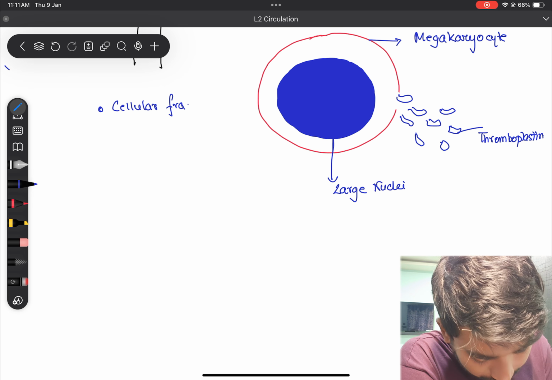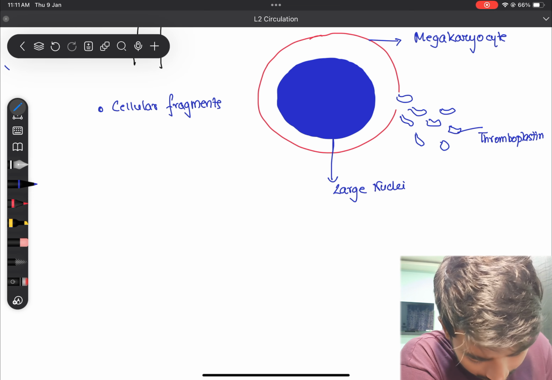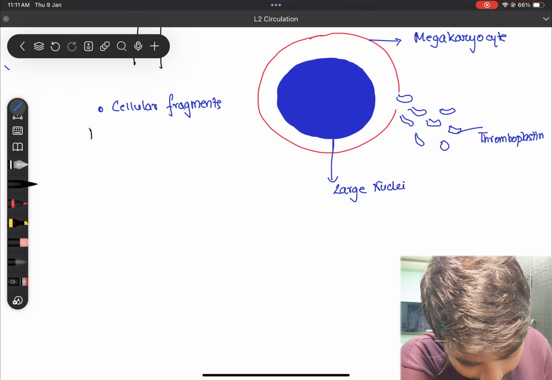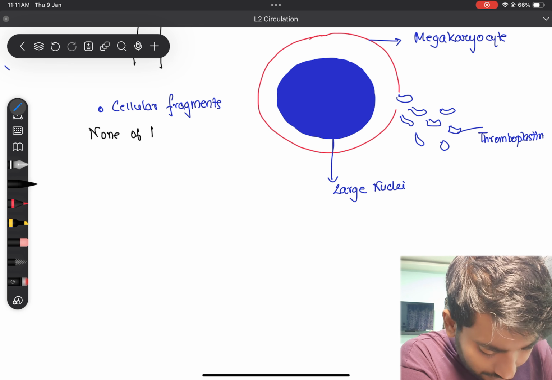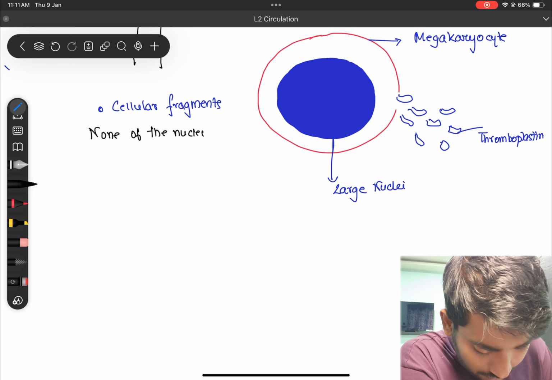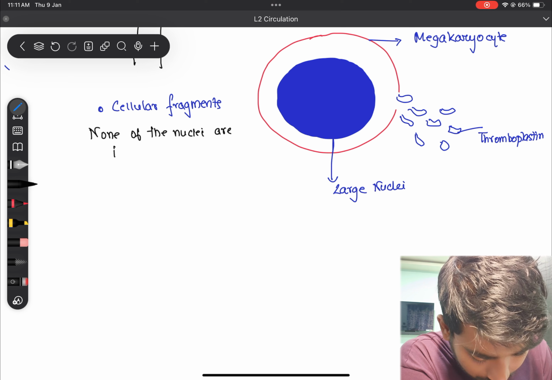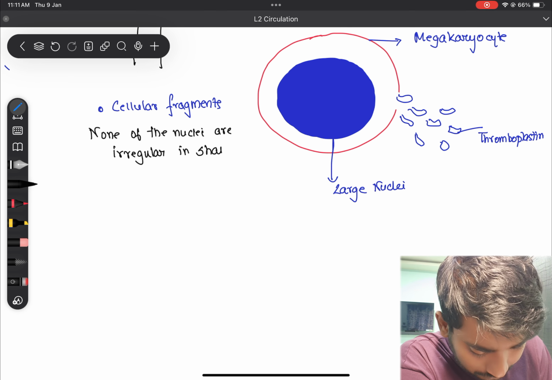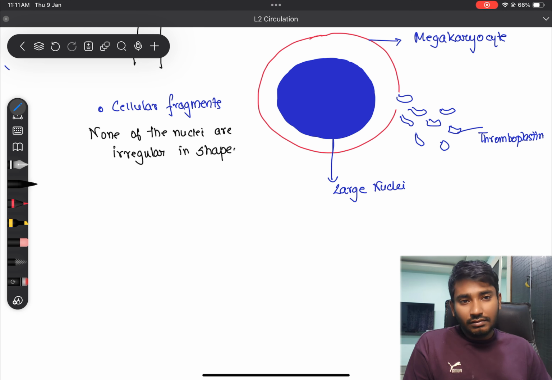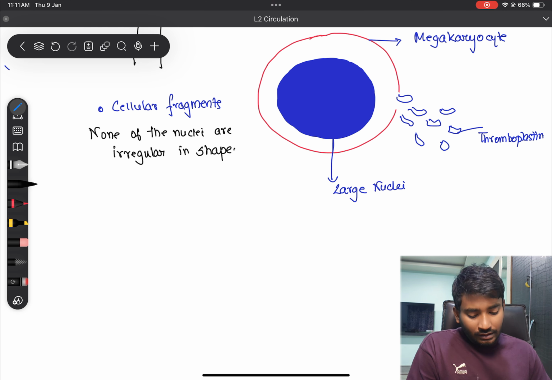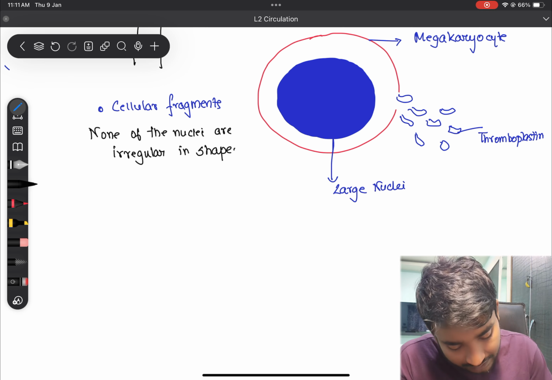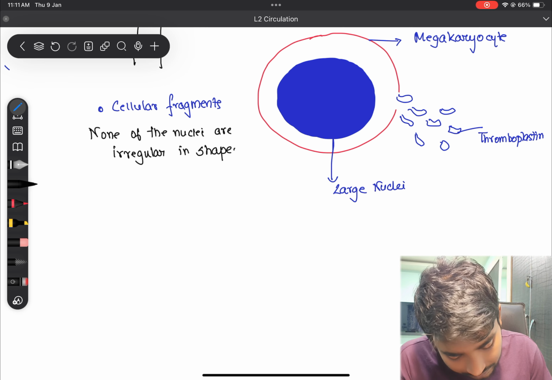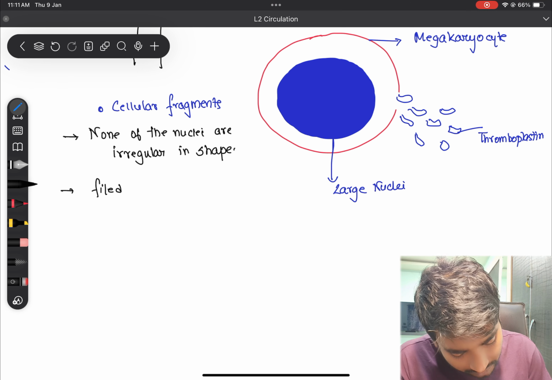Note it, the cellular fragments, none of the nuclei, are irregular in shape. Cellular fragments filled with thromboplastin.